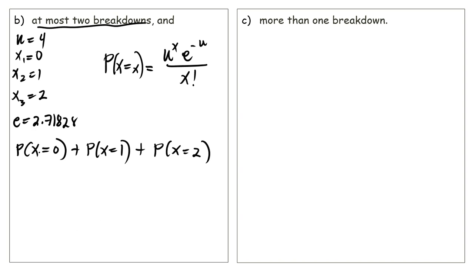Substitute. This is 4. Yung x natin, una muna, 0. Tapos 2.71828 raised to negative mean, negative 4, over ang x natin ay 0 factorial. So, that is 4 raised to 0 po.